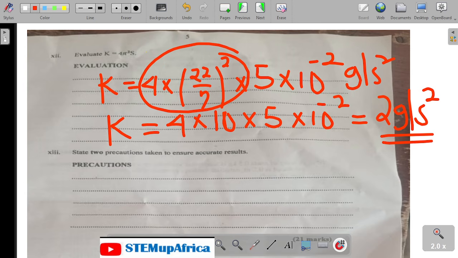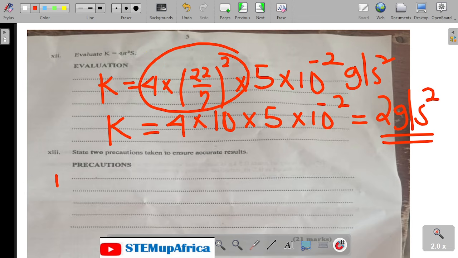Now Roman figure 2, you should state the precautions to ensure accurate results.